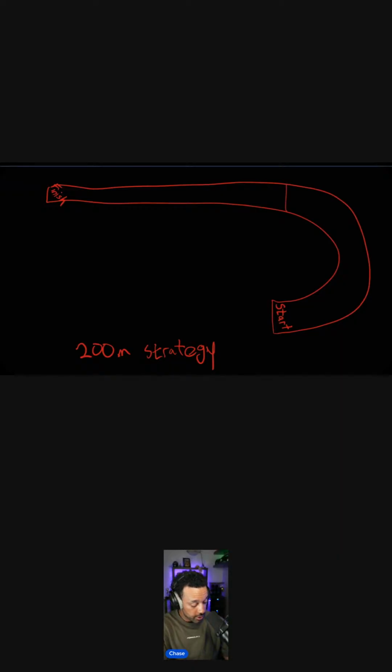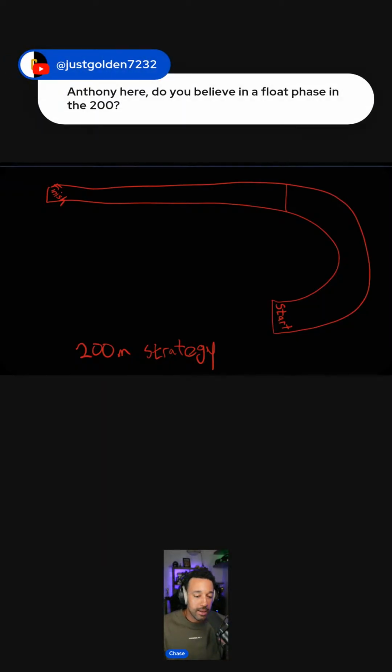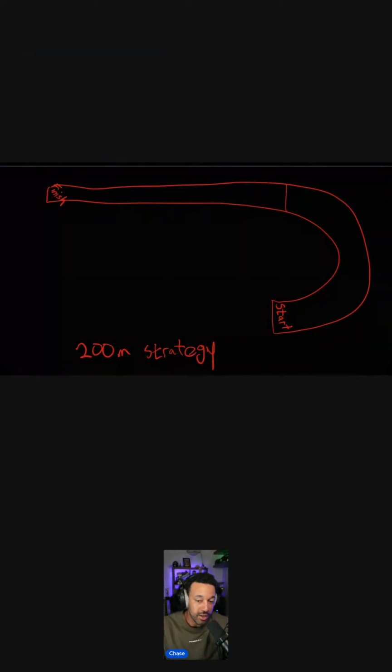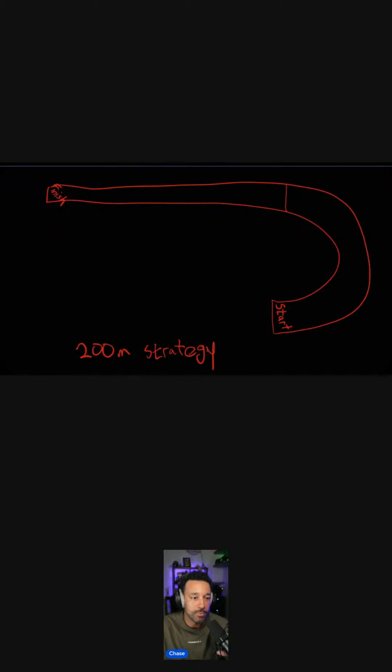We'll call this the 100. Do I believe in a float phase in a 200? That's the question. A little bit. I believe in a gather phase, not quite a float phase as you might see in a 400. Okay, so this is my 200 meter strategy.